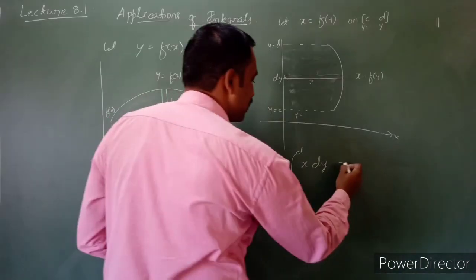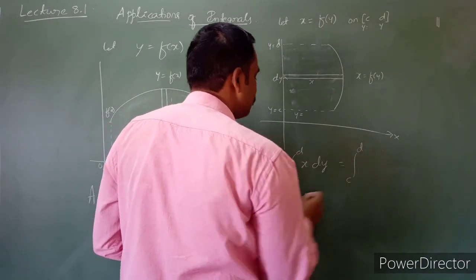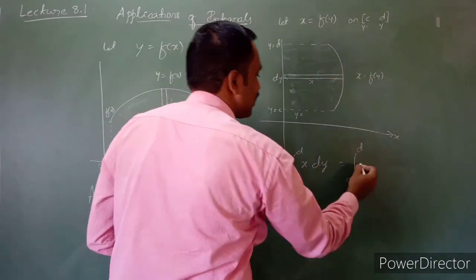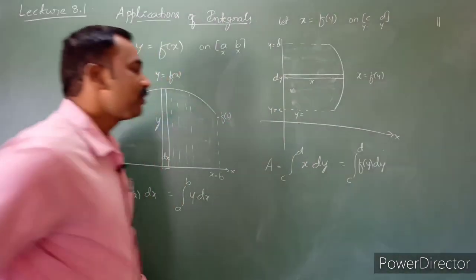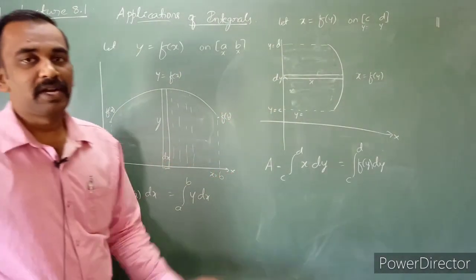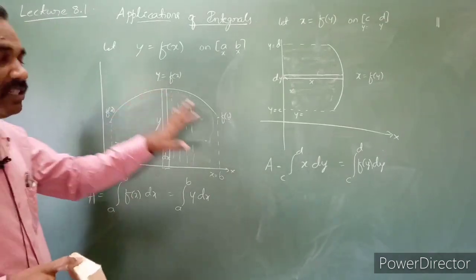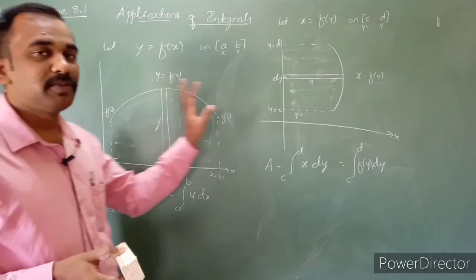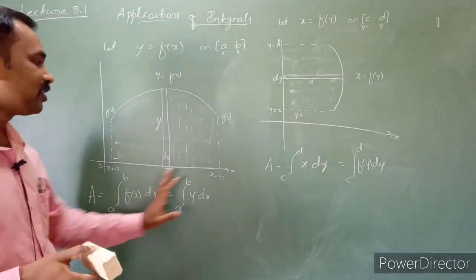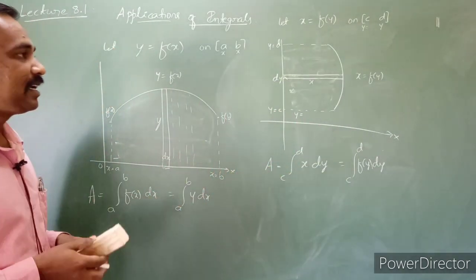Or else we can write the integral from c to d of f of y into dy. This is how we find the area under a curve that is not of a particular defined shape.